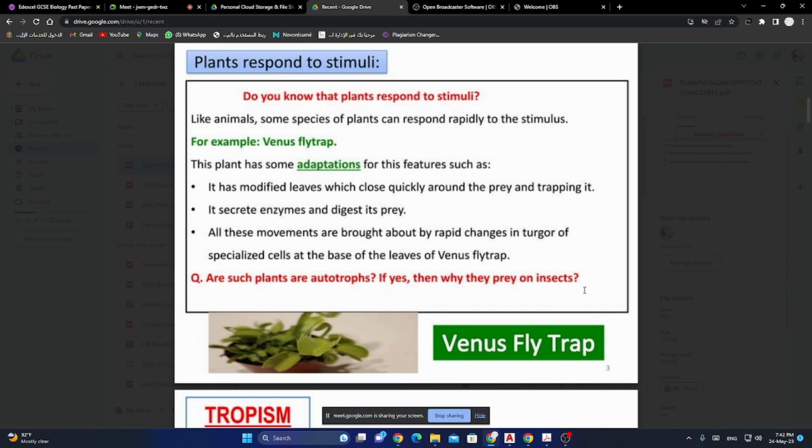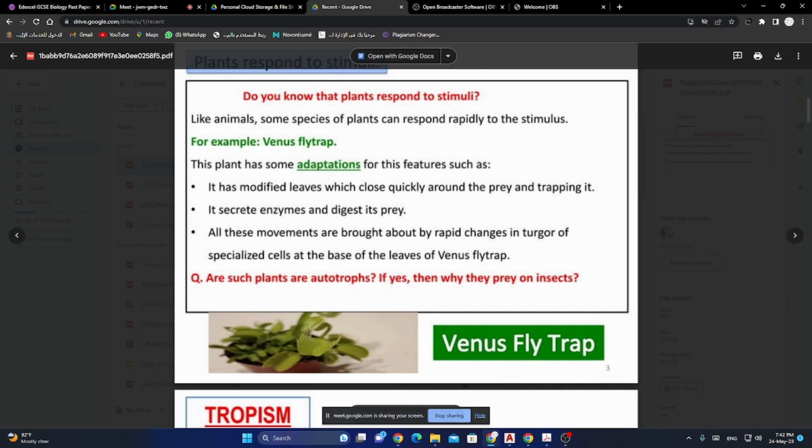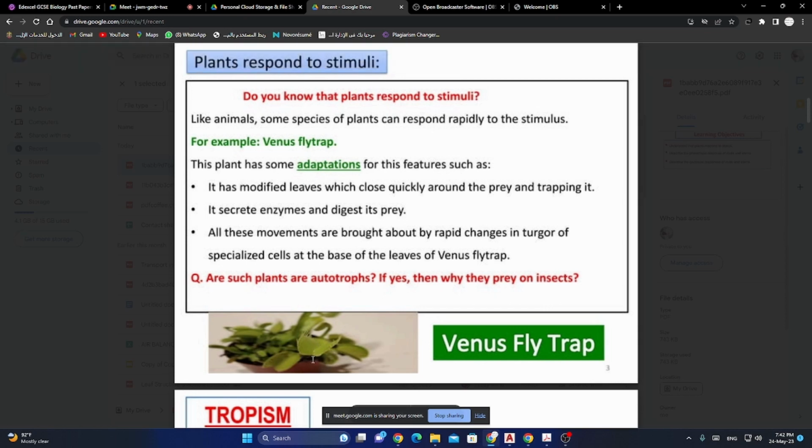Basically, that's the part that closes on the insect, and it's a modified leaf that has some hairs on it, some kinds of sensors that can detect motion. When it detects that, the modified leaves can close very quickly and trap the prey. Then after that, the trap starts digesting the prey using enzymes that it secretes.